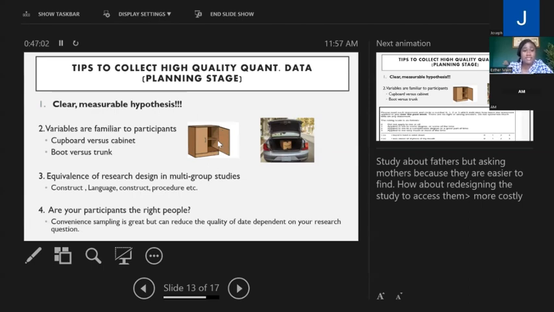In some other places, they may call it a cupboard, right? So you must be careful to make sure that you know your population and use variables they understand, so that you are able to get more accurate responses.